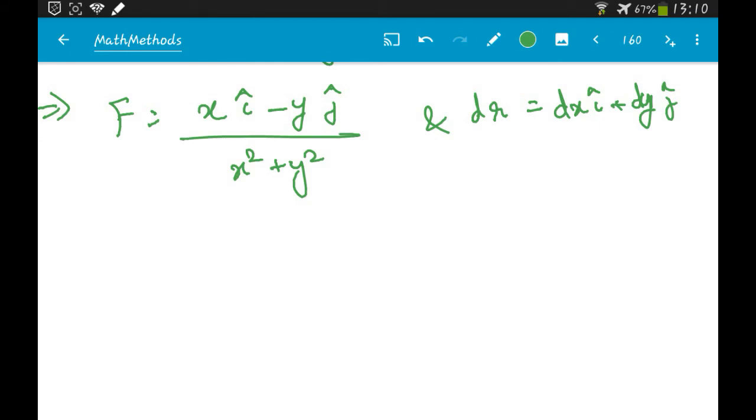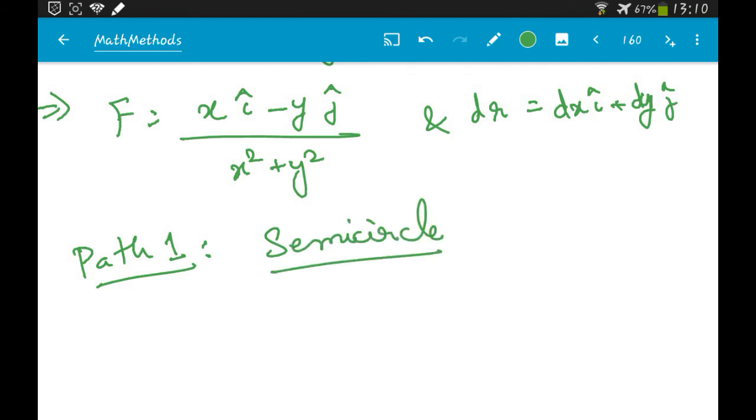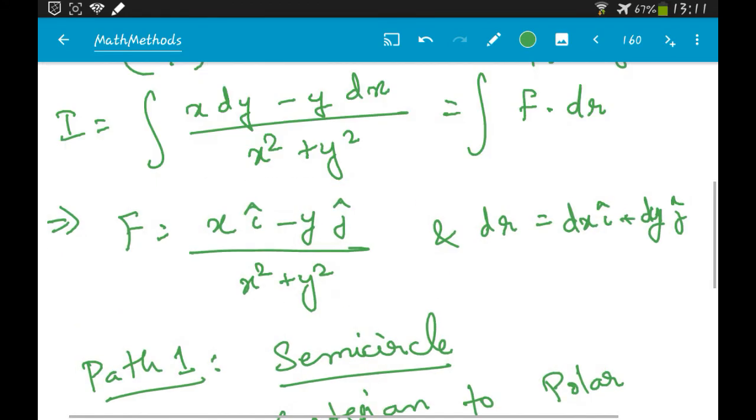So now let's compute the integral. So path 1 is a semicircle, and since the force field only has two variables x and y, we can convert Cartesian coordinates to polar coordinates, right? So how do we convert this to polar coordinates? First of all, look at the figure.